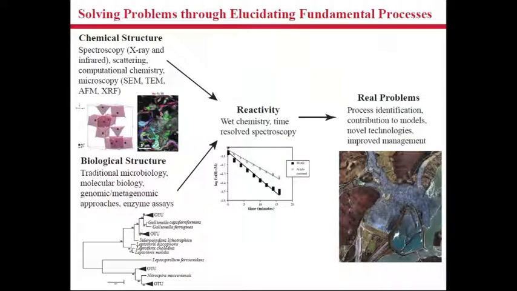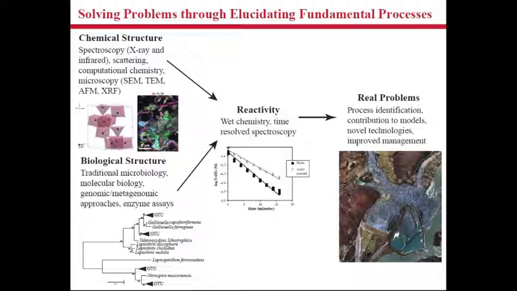Fundamentally, we approach all these problems in kind of the same way. It's great to understand the driver of what's going on in the environment and then understand its output, but that leaves you with a black box. We want to get into that black box at the molecular structure level and really understand what's causing things to happen. So we use spectroscopic methods, computational chemistry, and microscopy.